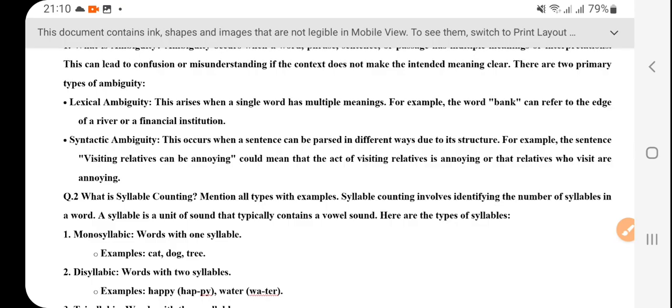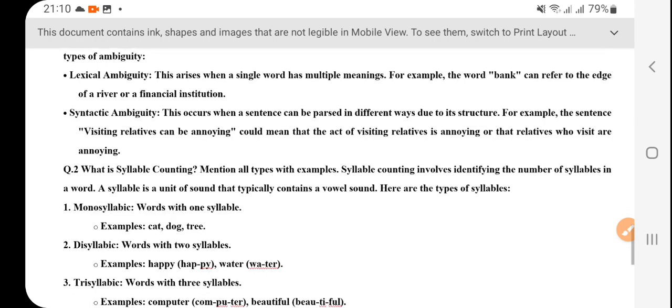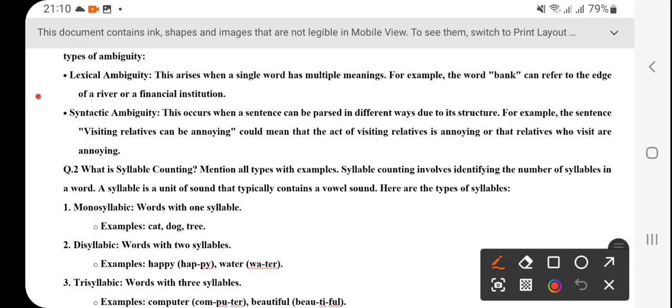There are two primary types of ambiguity: lexical ambiguity and syntactic ambiguity. Lexical ambiguity arises when a single word has multiple meanings. For example, bank means river bank or financial institution, right?